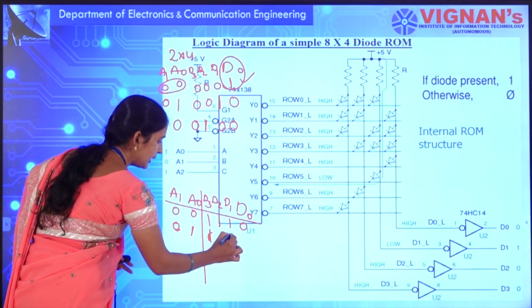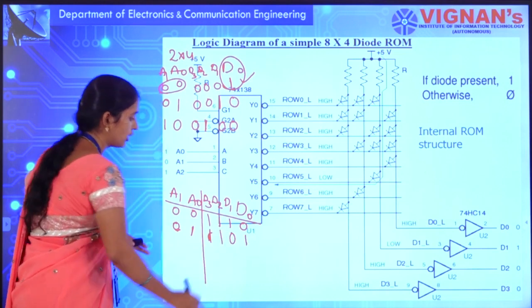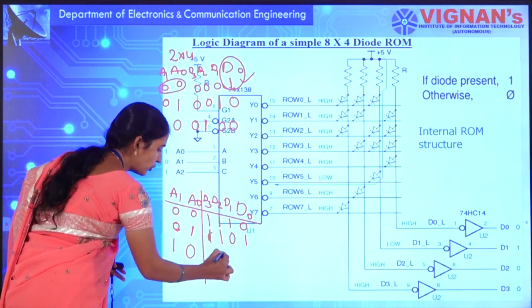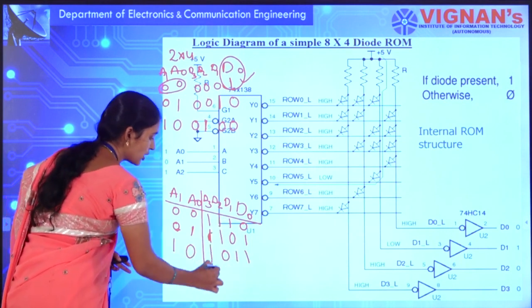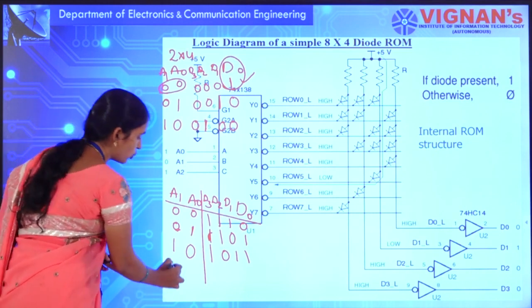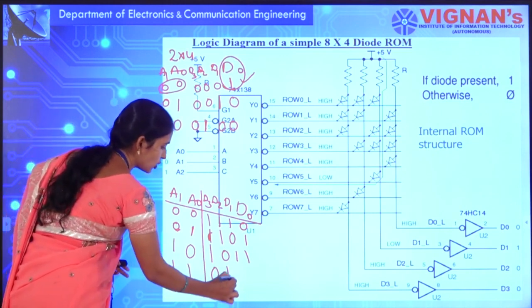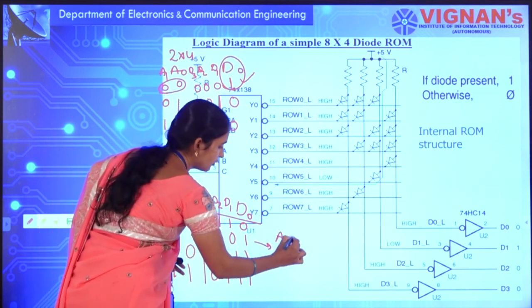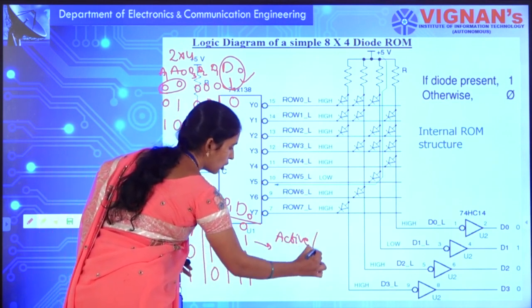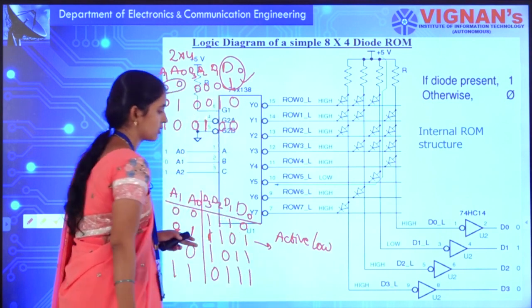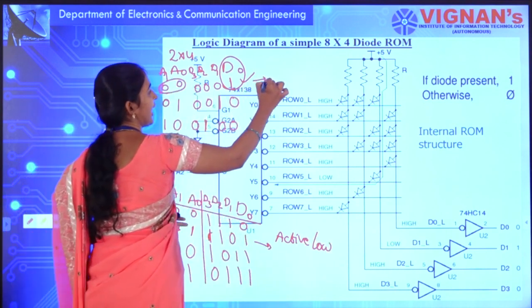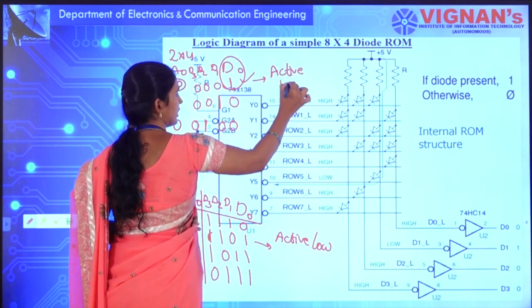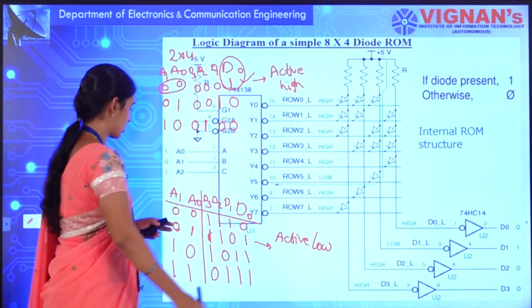Only D1 will be 0 and all remaining outputs are 1. Again 1, 0, only D2 will be 0, all remaining outputs are 1. And 1, 1, D3 will be 0, all remaining outputs are 1. This indicates your active low signals. Okay, the other indicates your active high signals. Active high inputs providing active high outputs.